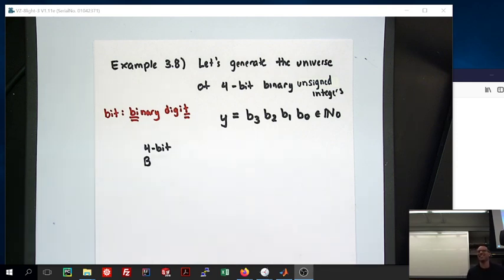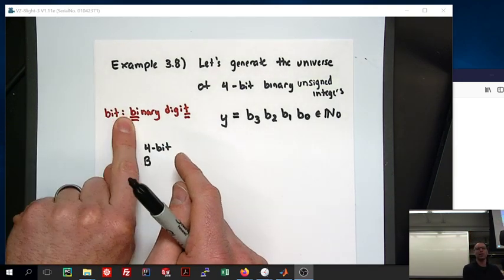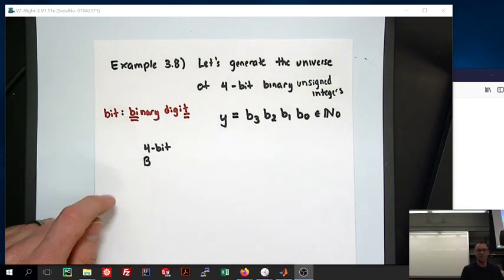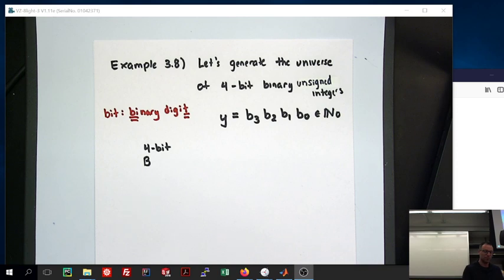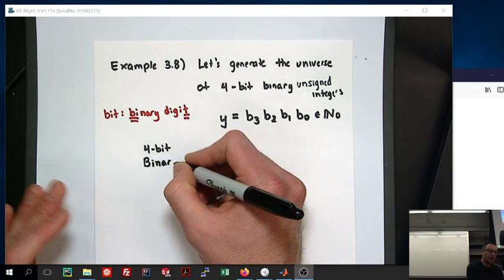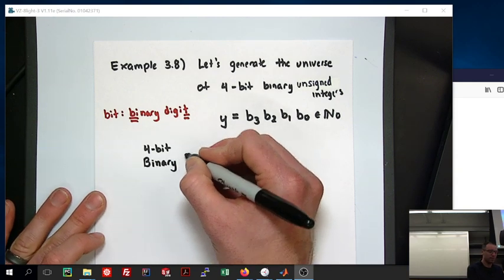That's what that means, right? I only want to write the first 2 letters of that word and the last letter of that word. Is saying a 4-bit binary unsigned integer a bit redundant? It's like saying a 4 binary digit binary. Yeah, but some of you are still getting your training wheels on, right?